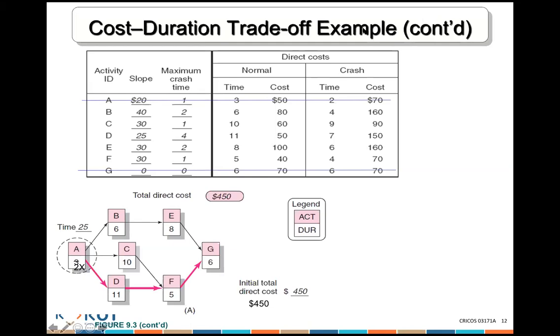So my cost will increase from 450 to how much? 470. And my duration will change from 25 days to how much? 24 days. So that becomes 24 days and my cost becomes 470. Does that make sense? Yes, sir.